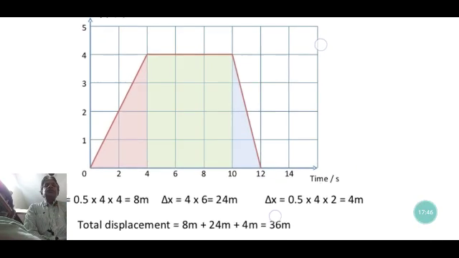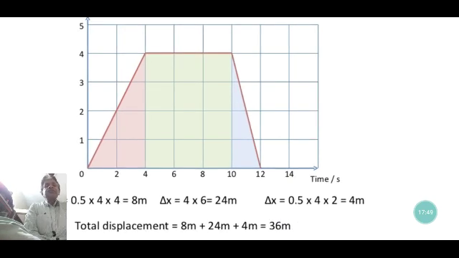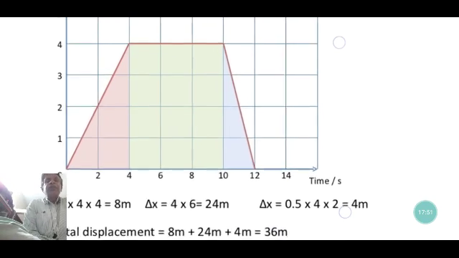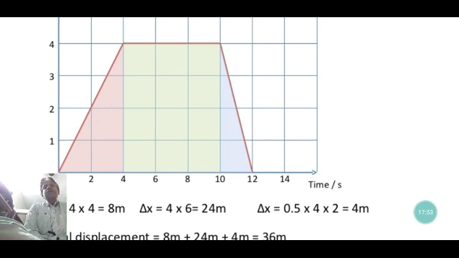Now, it is also a velocity-time graph. In this graph, in the first 4 seconds, the velocity of the object is increasing. From 4 to 10 seconds, the velocity remains constant, and in the last 10 to 12 seconds, the velocity decreases from 6 to 0.